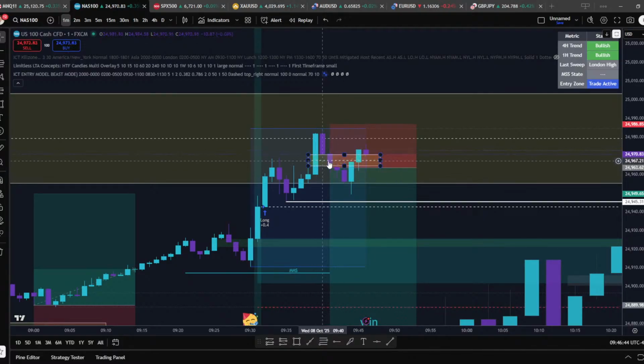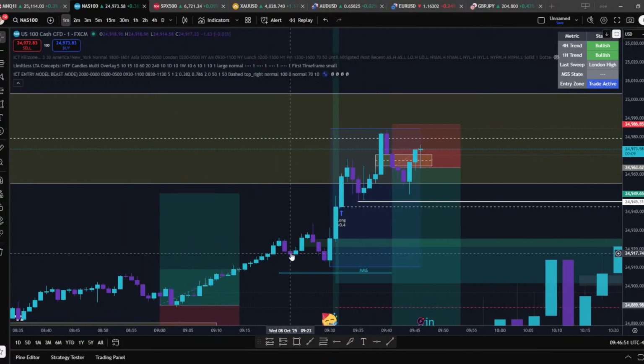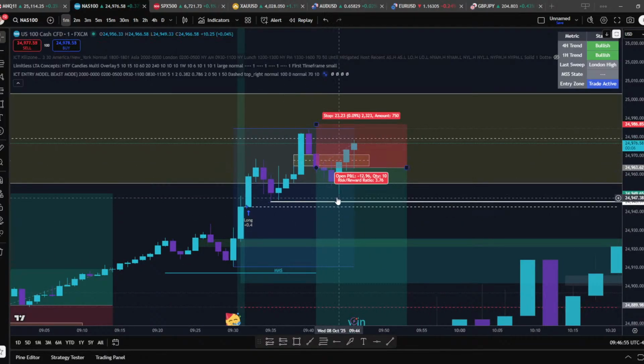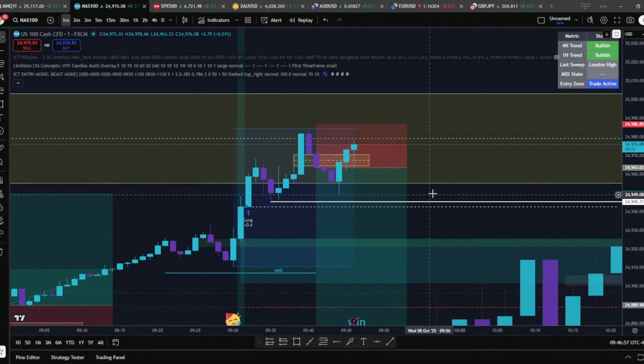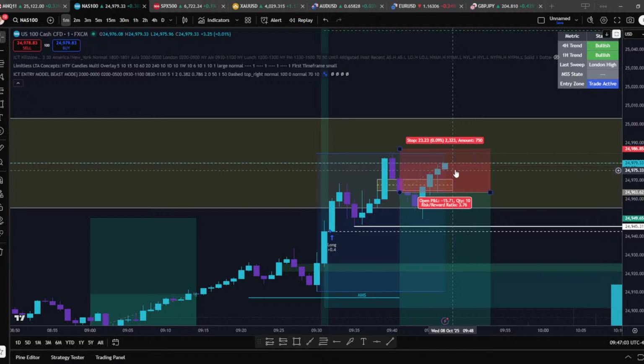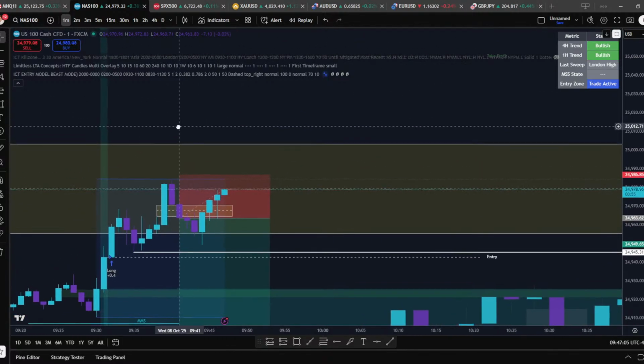Right? It's a risky trade because it's the first and only fair value gap as we start pushing up. And then you go stop to break even here. But this one's going to be a losing one, I can bet you now.